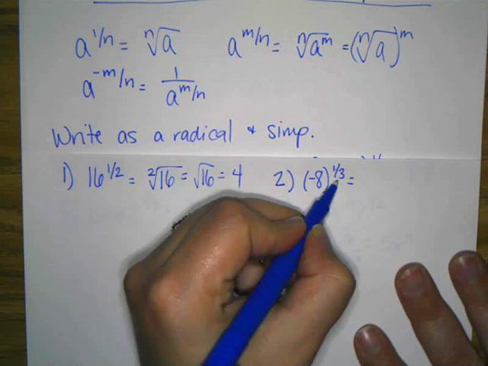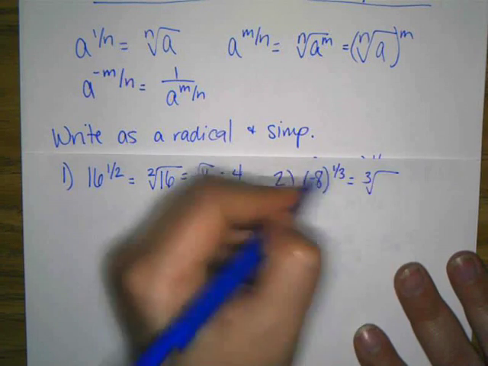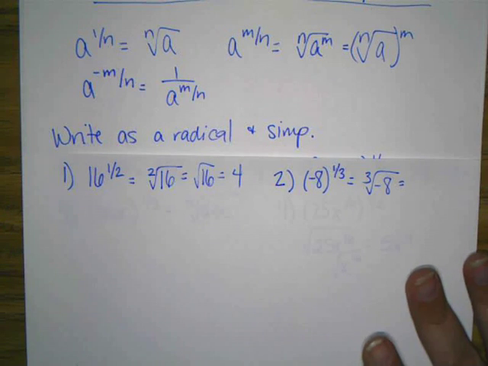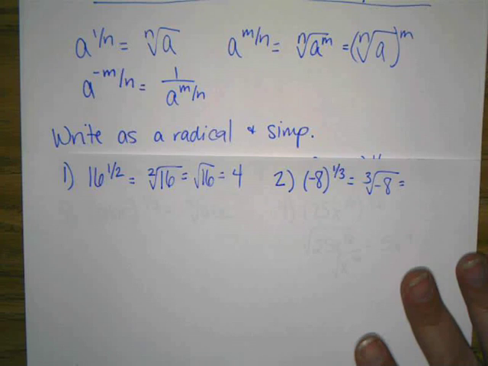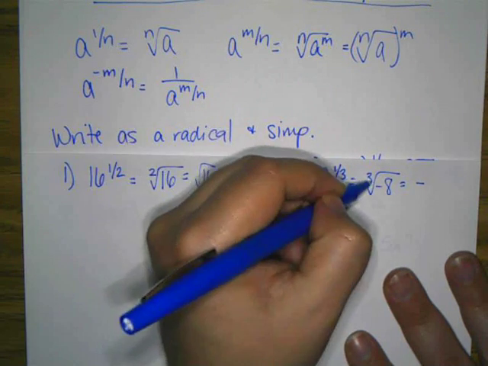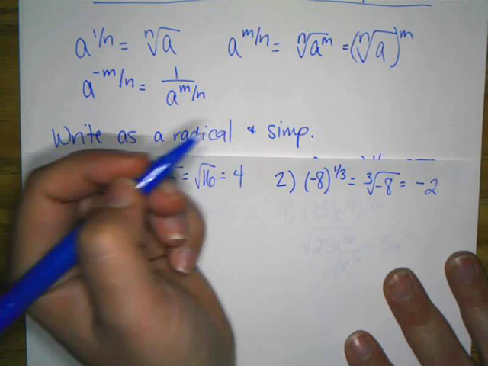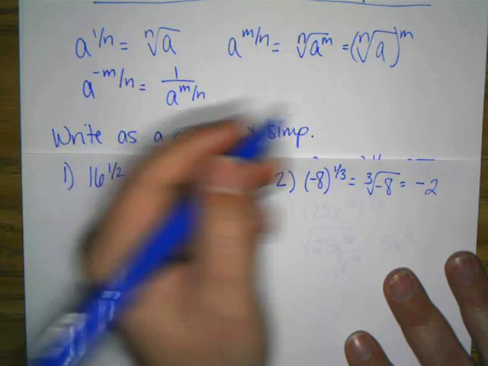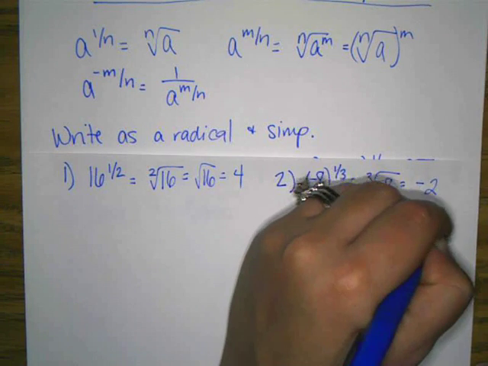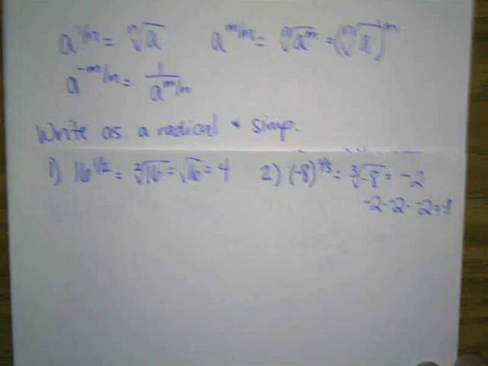So now we have the third root, which is cube root of the quantity negative 8. And if you look back at your 7.1 chart, you'll see that if you take an odd root of a negative number, you get a negative answer. And the cube root of 8 is 2, so negative 2. And you can always double check that by saying negative 2 times negative 2 times negative 2 is negative 8.